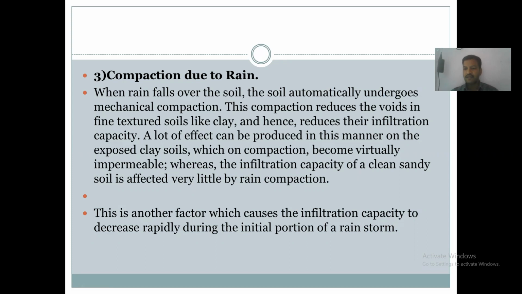It will get compact. What will happen to its volume? It will change when it is pressed.